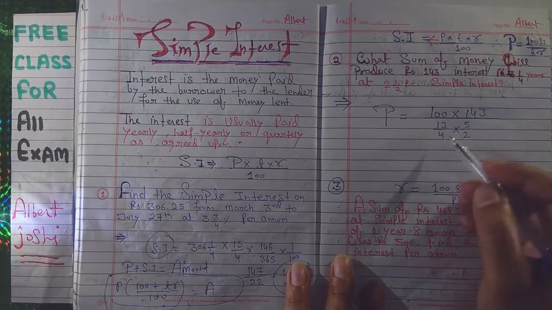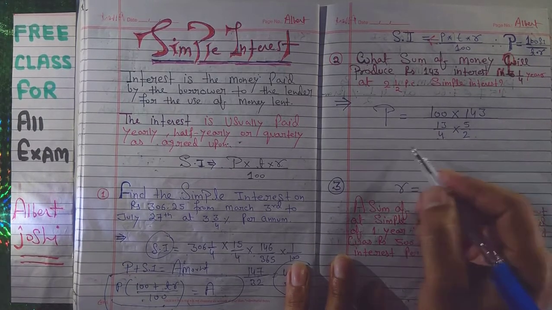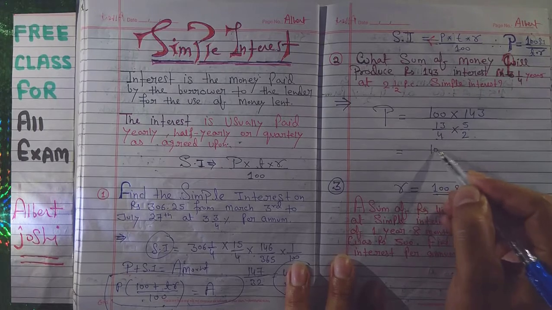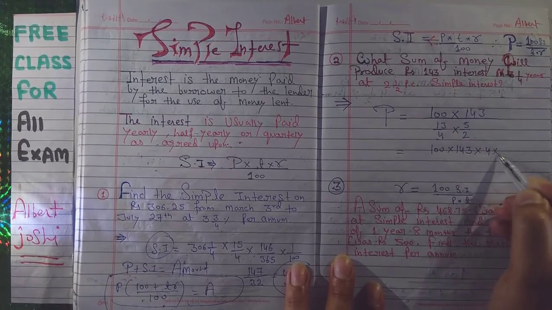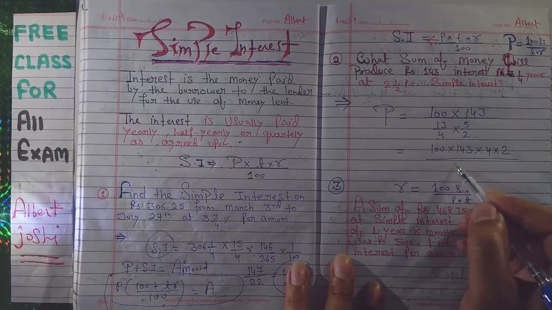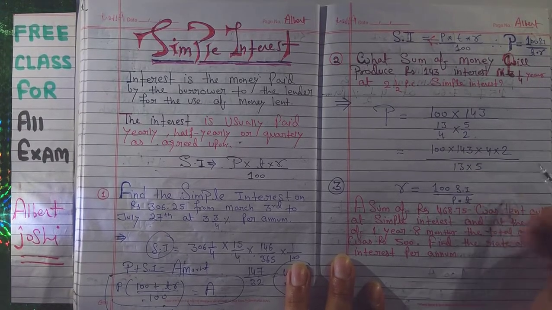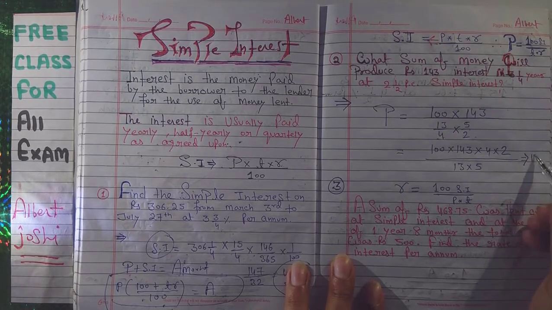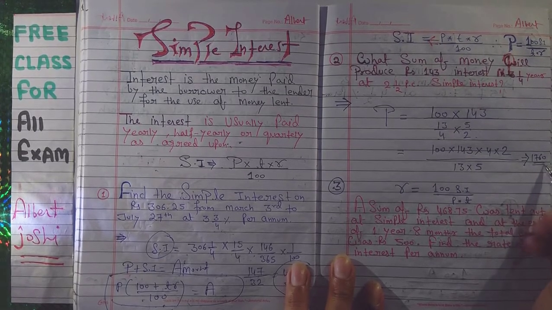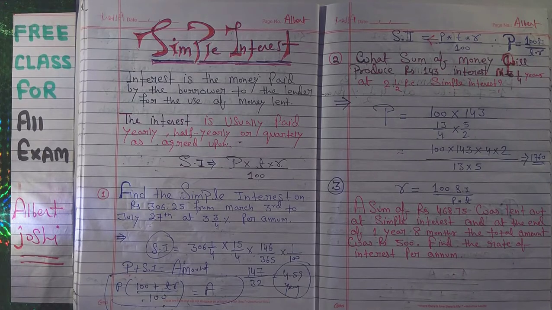If you calculate 100 into 143 into 4 into 2 upon 13 into 5, then your answer will be approximately 1760. This is very simple.